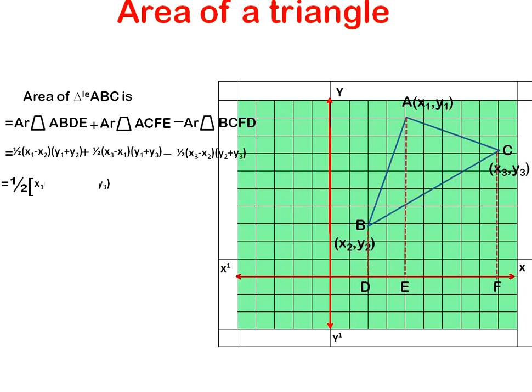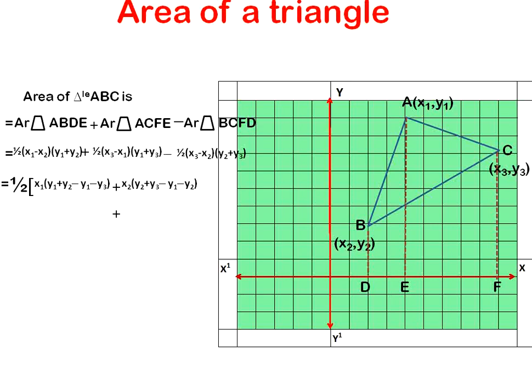I will collect the x1 terms: x1 into, first I got (y1 plus y2), and in the second one I get minus x1, so I keep minus y1 minus y3. Again I take the common term x2; in the last one, minus of minus is plus x2, so I take x2 outside: (y2 plus y3), and in the first one, minus x2 is there, so I get minus y1 minus y2.